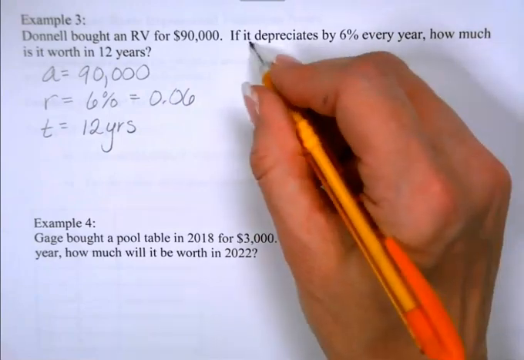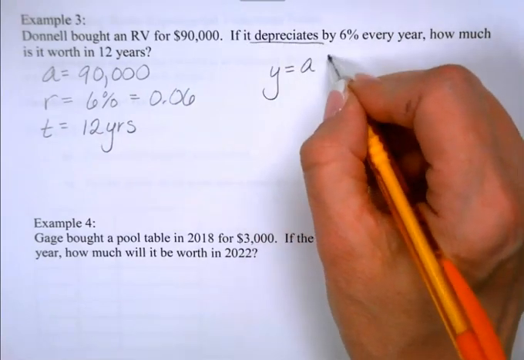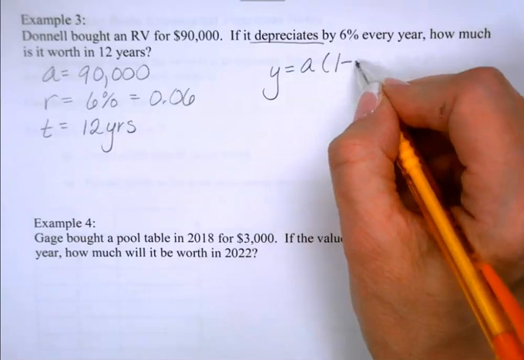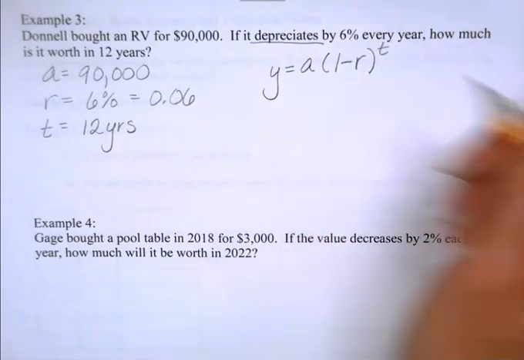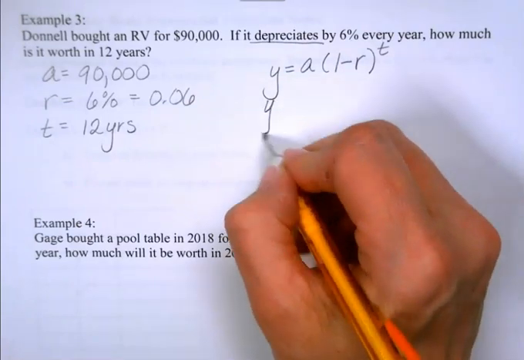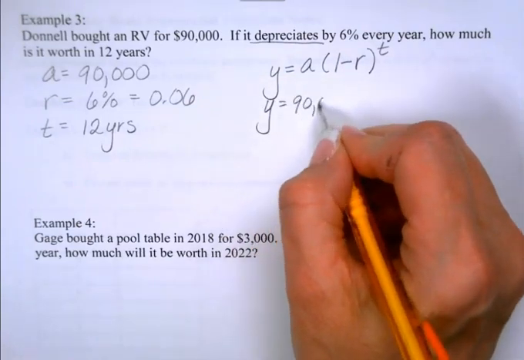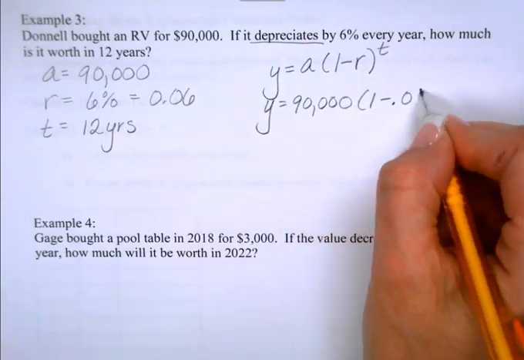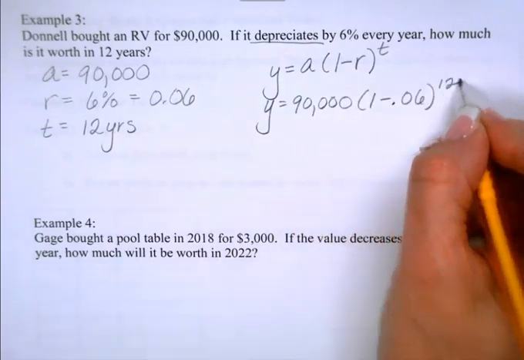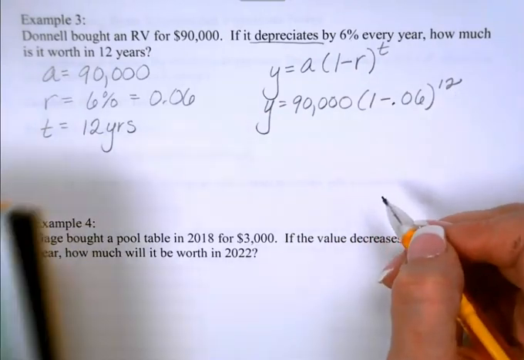So it's depreciating, so it's going down. The formula is A, and B is 1 minus R in this case, and that's to the T time. So Y equals 90,000 times 1 minus 0.06, and that's to the 12th in the exponent.